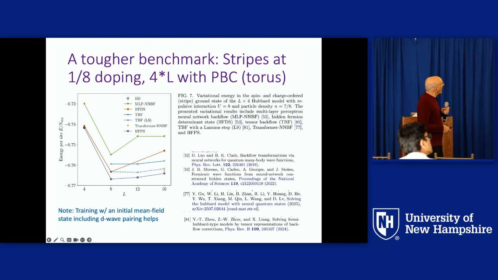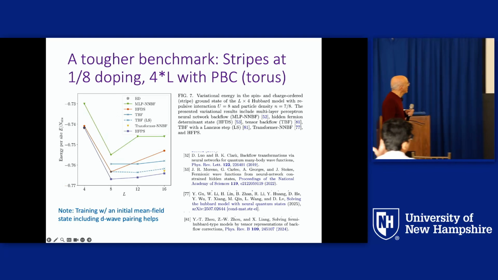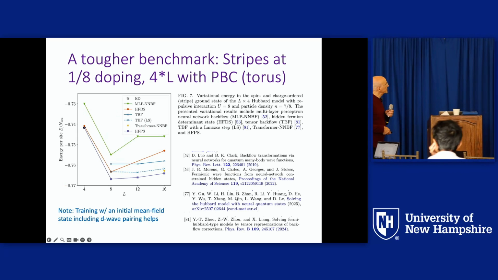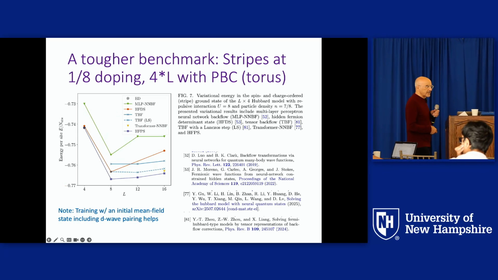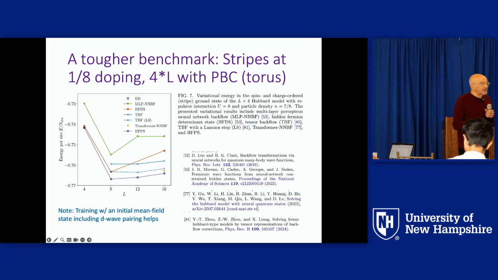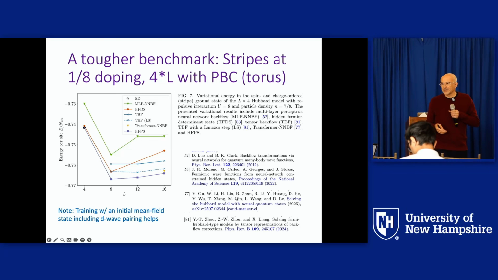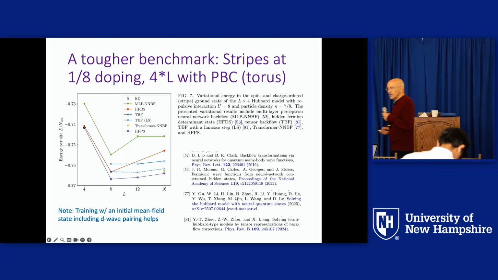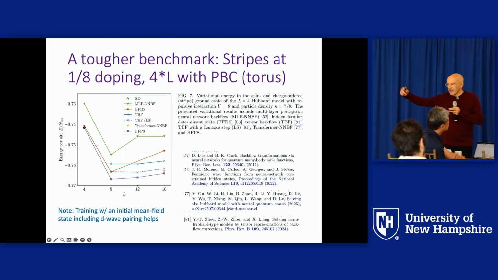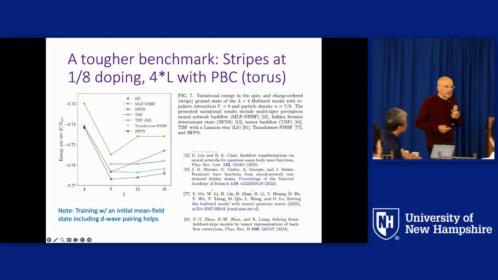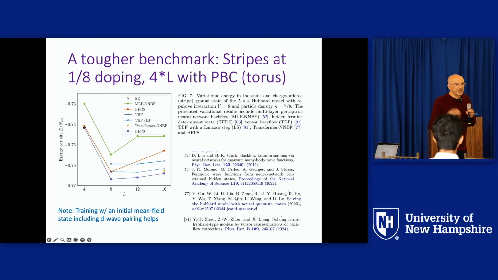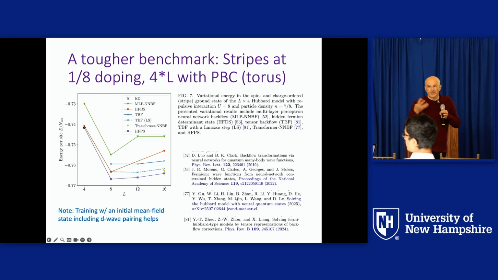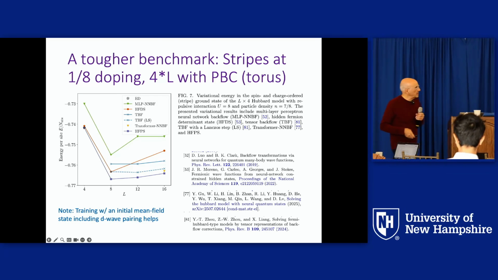Okay, tougher benchmark: stripes at 1/8 doping. So this is, again, the 4 times L tori. This is why on this plot there is no comparison to DMRG, because we do not use open boundary conditions on the cylinder, right? We have to use PBC, making the system, if you want, a bit more two-dimensional, even though this is an elongated geometry.